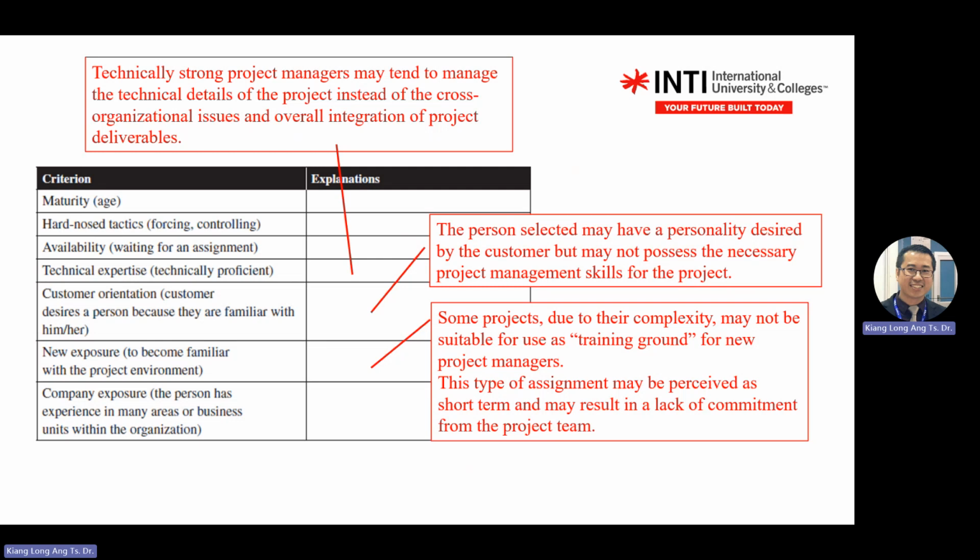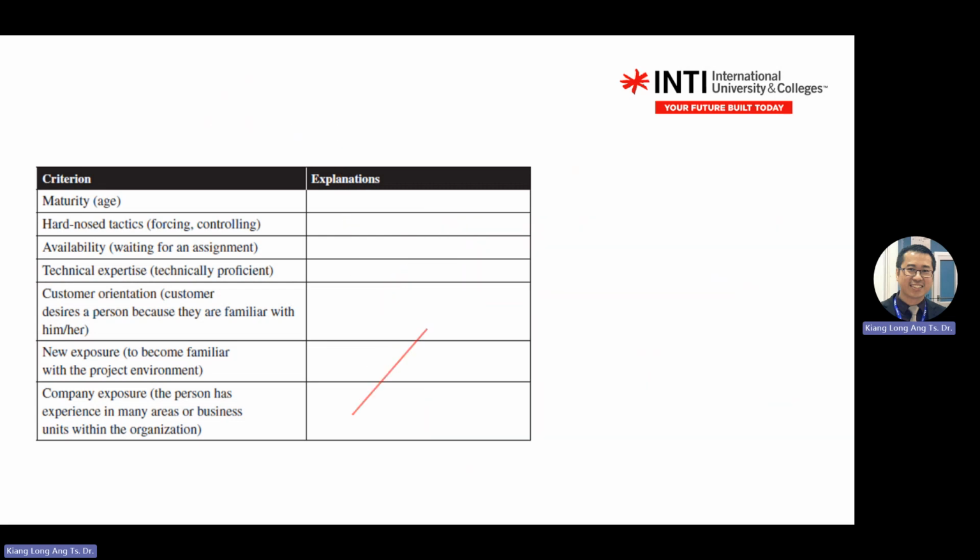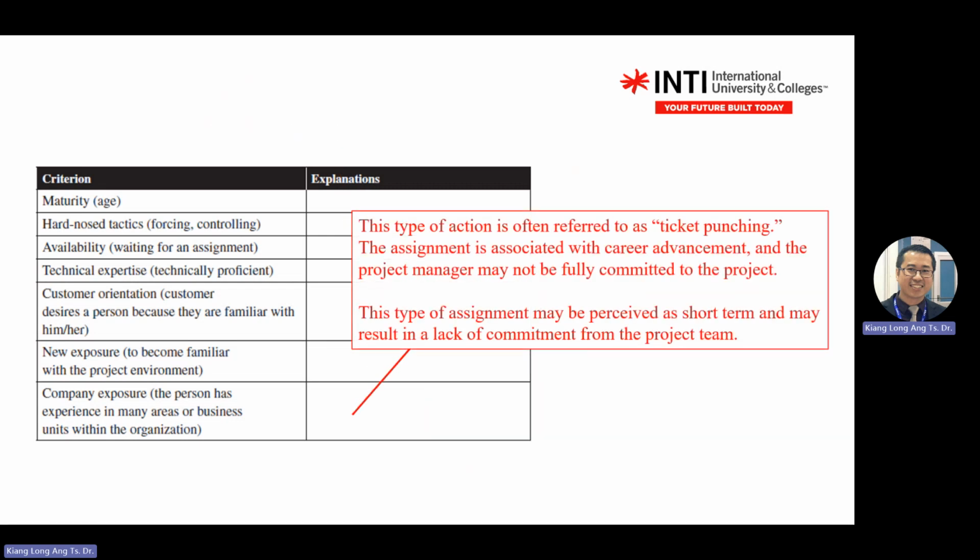So if they are new, to become familiar with the project environment, you need to give them trainings. Company exposure, this one is a short term project. This person has experience in many areas and business units within the organization.